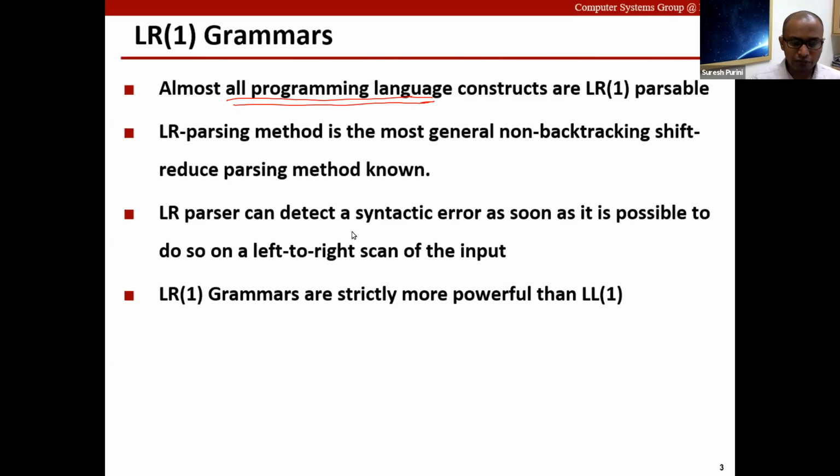There is a third important property for LR parsers: an LR parser can detect a syntactic error as soon as it is possible to do so on a left-to-right scan of the input.